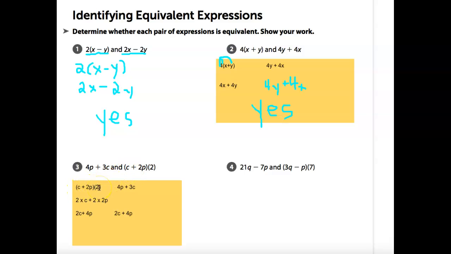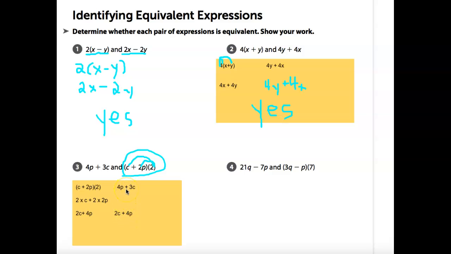So all we're doing here is just like we did up here, only we're starting over here. So we are going to multiply 2 times c, and we get 2c, plus 2 times 2p, well 2 times 2 is 4p, okay, so 2c plus 4p.